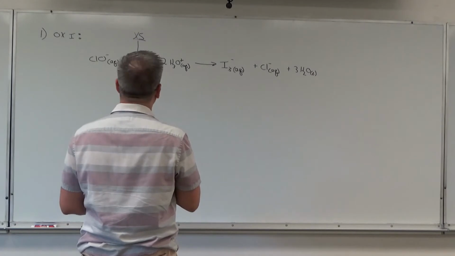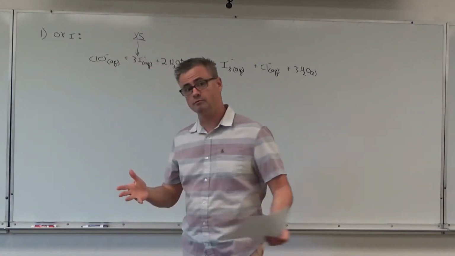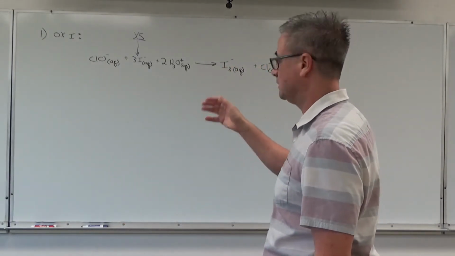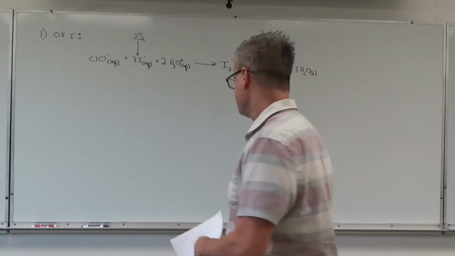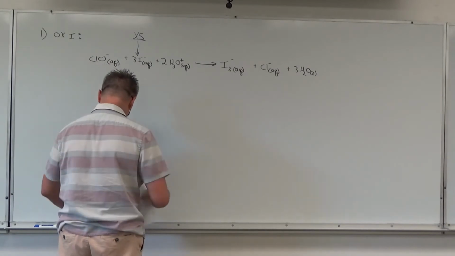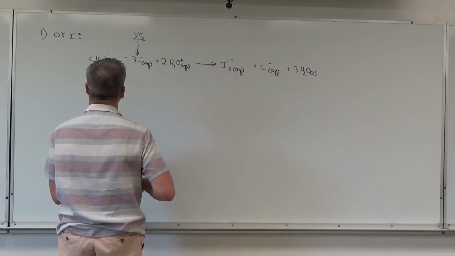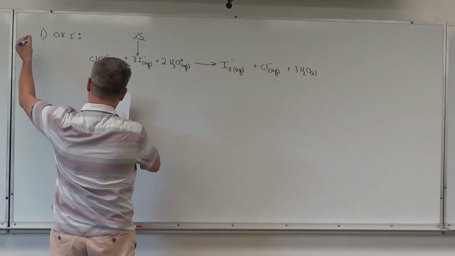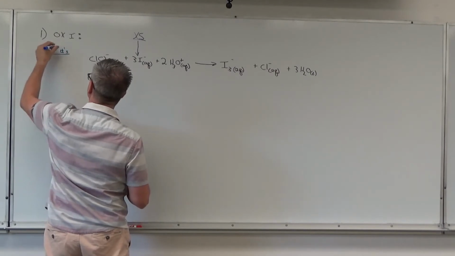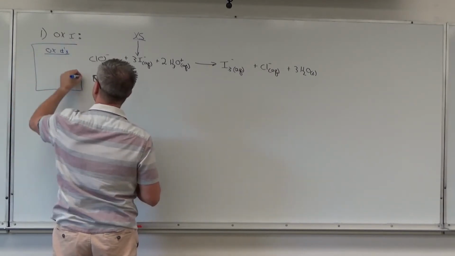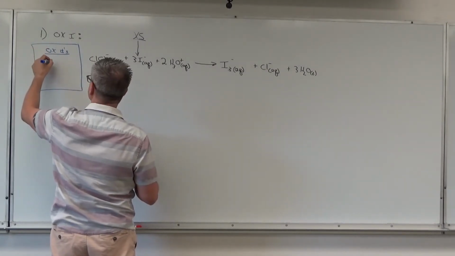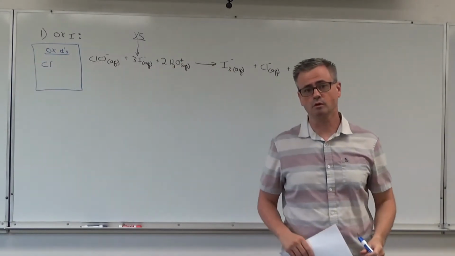Before we go on, let's confirm for ourselves that an oxidation reduction reaction actually happened here. How do we do that? We do that by checking the oxidation numbers. So, oxidation numbers. First one is chlorine. What's the oxidation number for chlorine here?